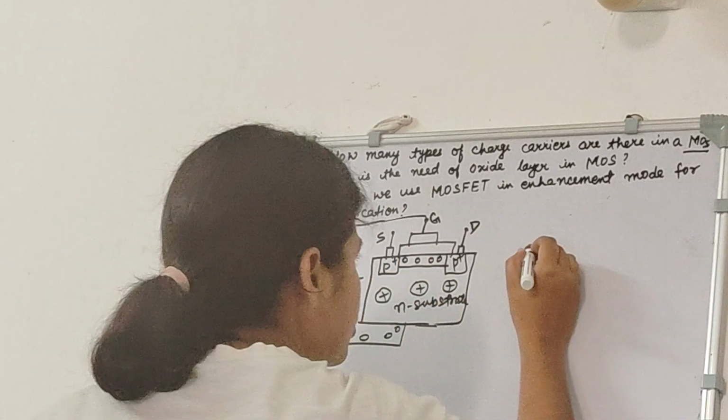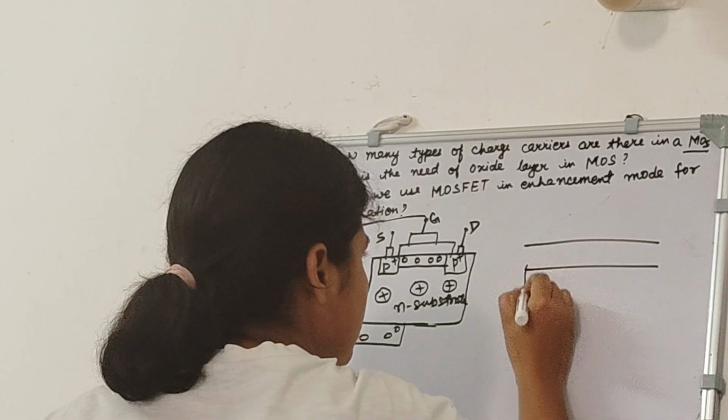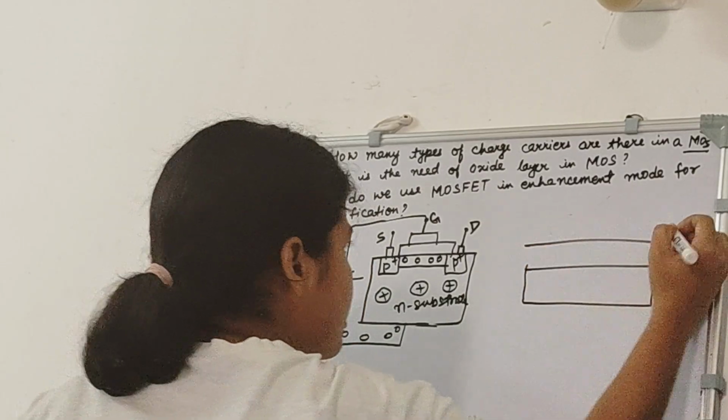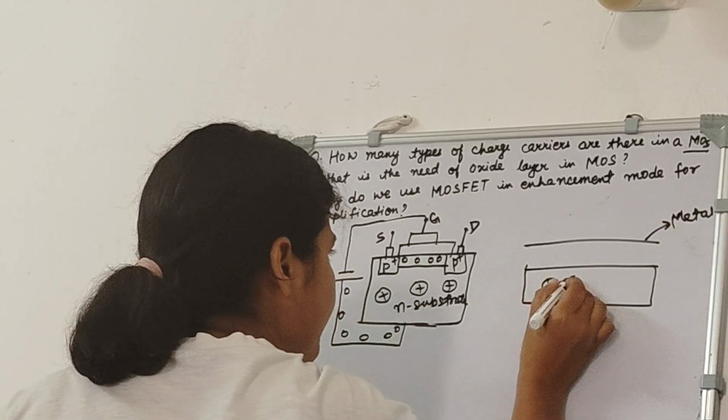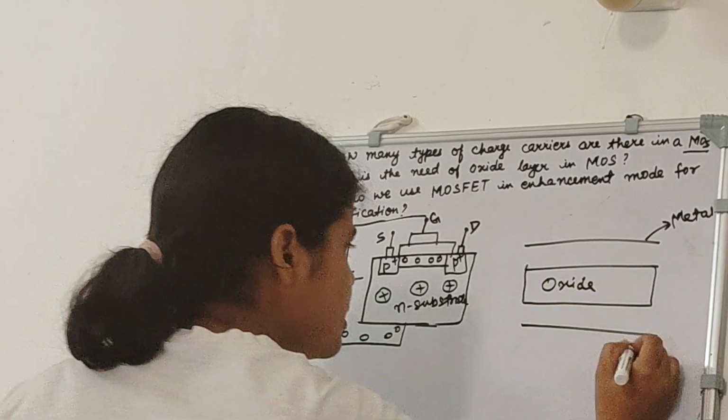So now if we show here like this, this is metal layer, oxide layer, and this is our semiconductor.